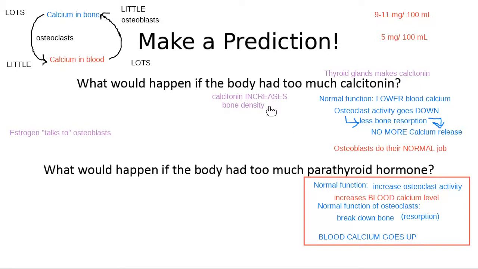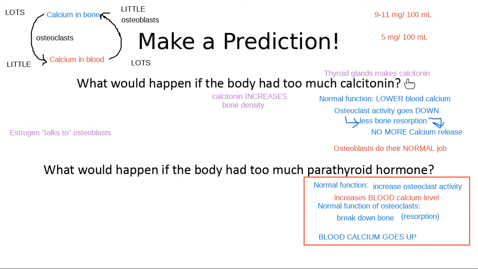Increases bone density. How does it do this? It does this by slowing down osteoclasts. If I don't break down bone, but I keep building it, my bone density goes up. So as long as the thyroid gland is making calcitonin, I am going to keep building my bone tissue like I should, because I'm putting calcium into the bone.